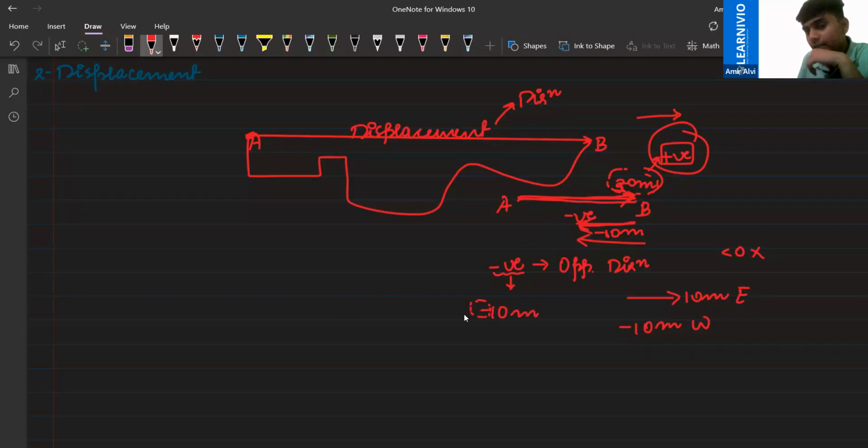So this negative sign shows, as I've told you, the opposite direction, and this 10 basically shows the magnitude. That means the person has covered 10 meter in the opposite direction of motion. Now is that clear to all of you?